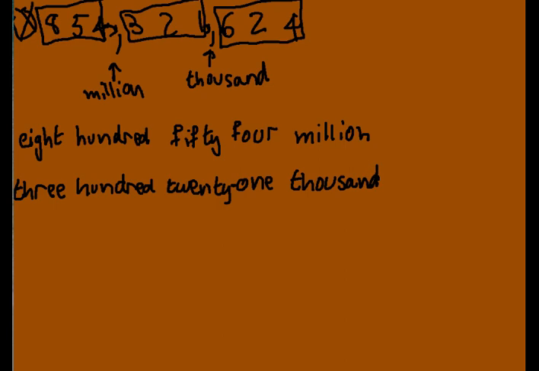And then what is the last box saying? 624. So what would I write here? Well, I would write 624. Now, let's read it. 854 million, 321 thousand, 624. So that's how you would read it. So thank you for watching, and make sure you guys practice.